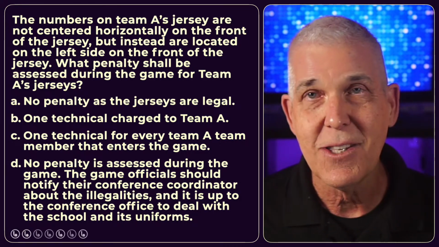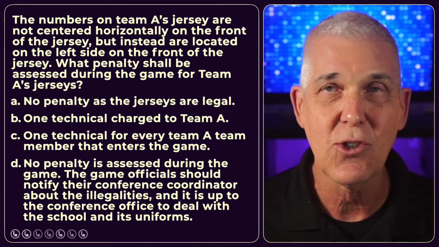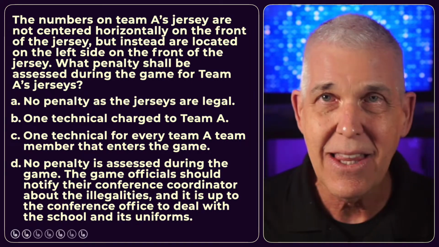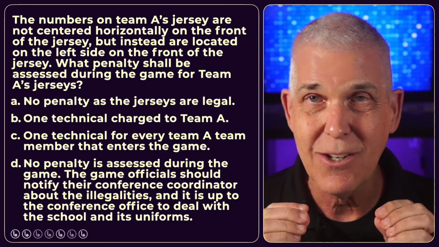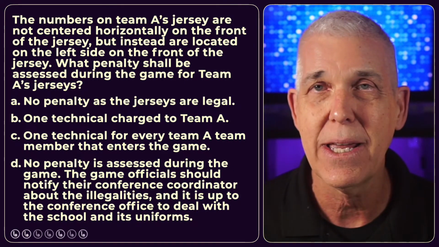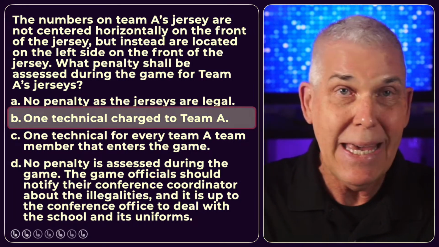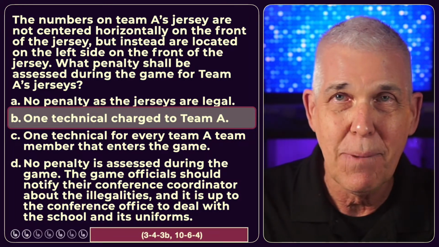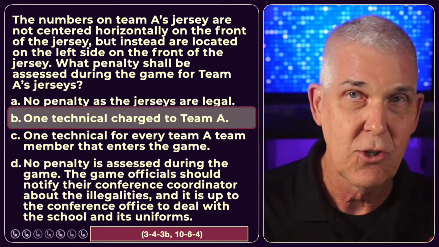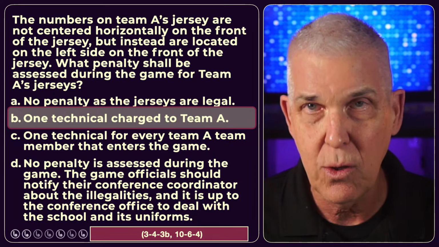So our problem here on this question is that our correct answer is going to be B. One technical foul is charged to Team A, but that is not the correct ruling. Illegal uniforms result in a direct technical foul on the head coach. That is the penalty for illegal uniforms, right? So our correct answer here is B, because that's what's listed, but this is part of the problem. It's not a team technical charged to Team A. This is a direct technical foul on the head coach.